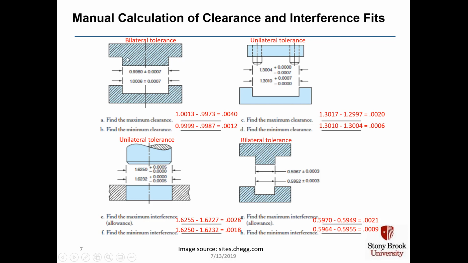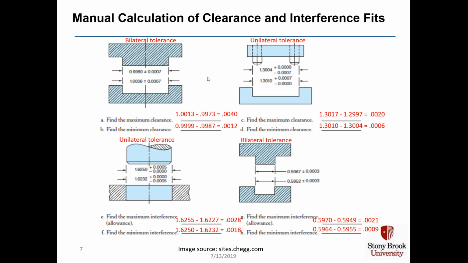The dimension of the pin here is 0.9980 plus or minus 0.0007, and the dimension of the hole is 1.006 plus or minus 0.0007. And when we find maximum clearance and minimum clearance, we see that it varies from a maximum of 0.0040 inches to a minimum clearance of 0.0012 inches.